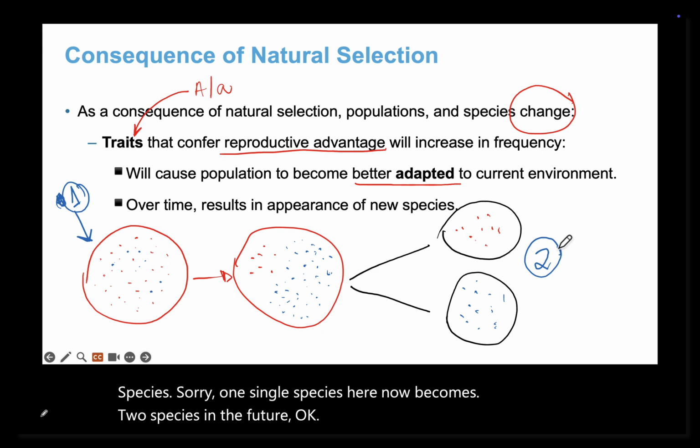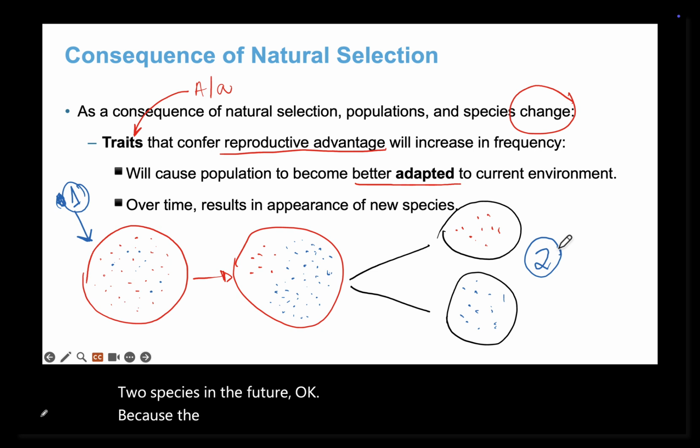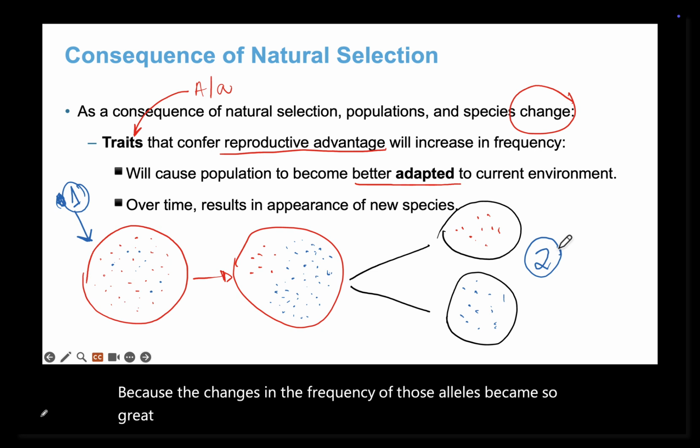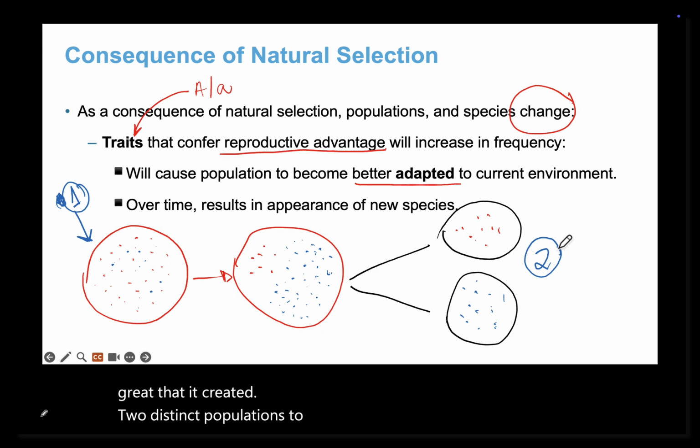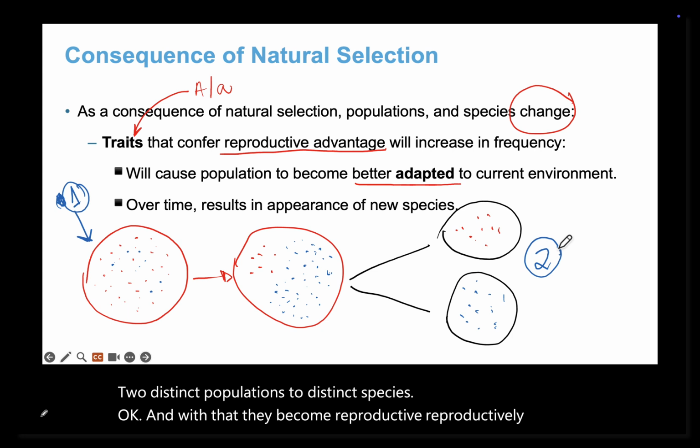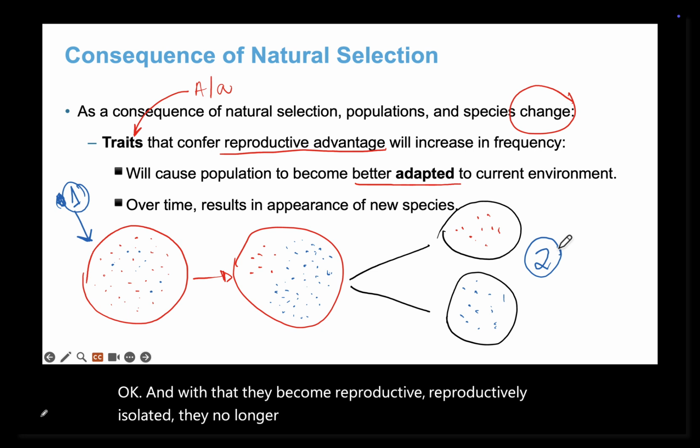Because the changes in the frequency of those alleles became so great that it created two distinct populations, two distinct species. Okay? And with that, they become reproductively isolated. They no longer can mate and produce a viable offspring.